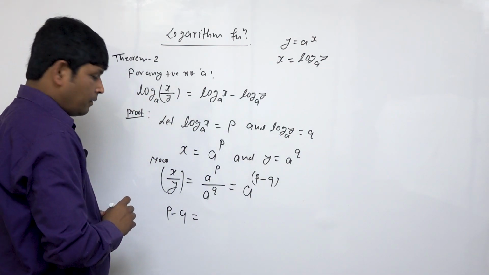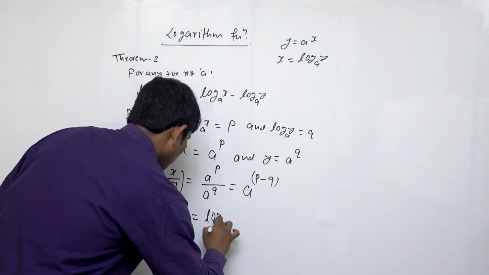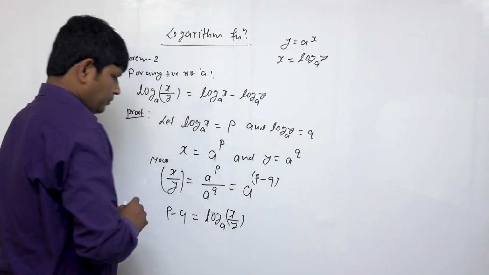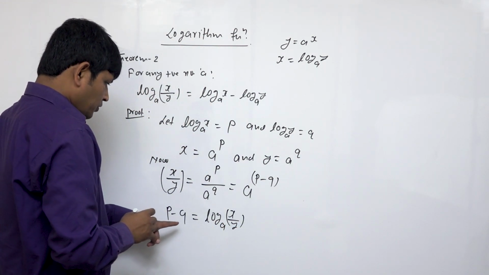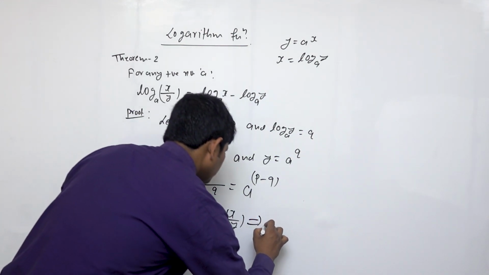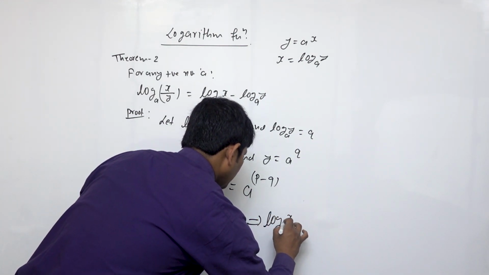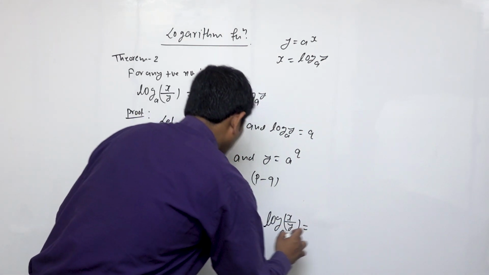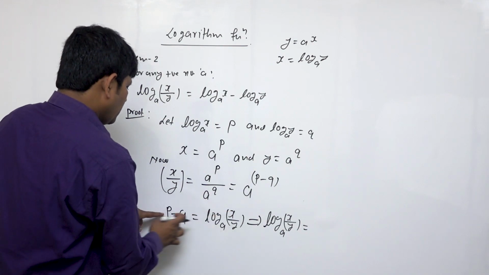So p minus q is equal to log of x over y to the base a. Now this implies, I will write this first, log of x over y to the base a is equal to p minus q.